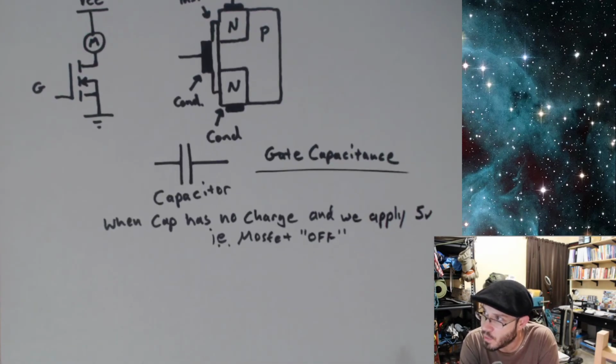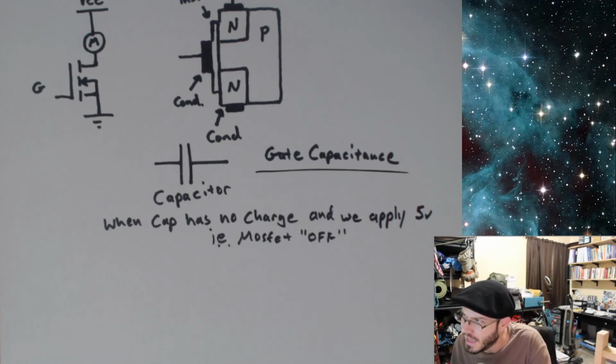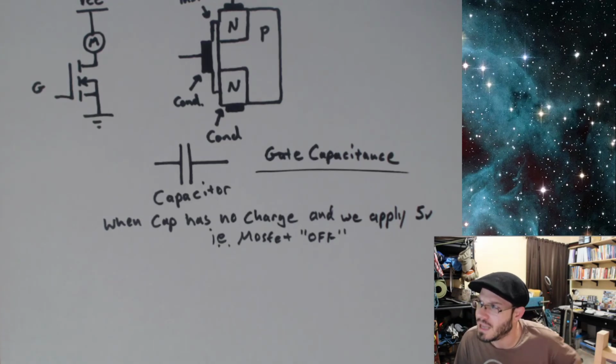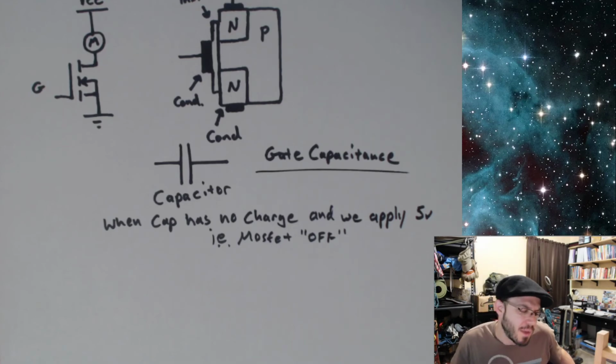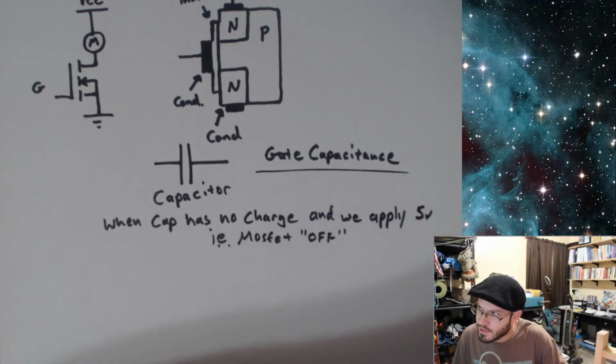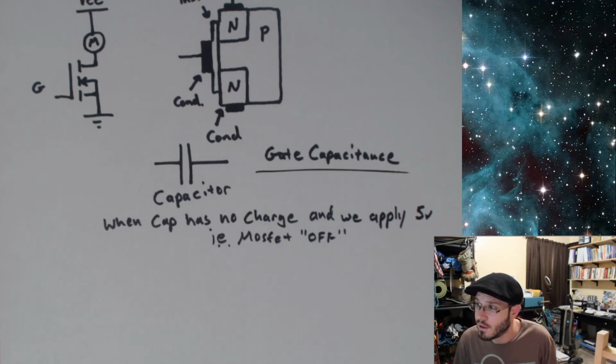Have you guys ever noticed, you wake up in the morning, you go to plug your laptop charger in or any device, it's been sitting all night, so the caps have lost any charge that they had built up on their plates, and you go ahead and plug it into the wall. You ever see a spark come out of it? When you initially plug in some appliance into your electrical outlet, you'll notice you see some sparks come out of the outlet.